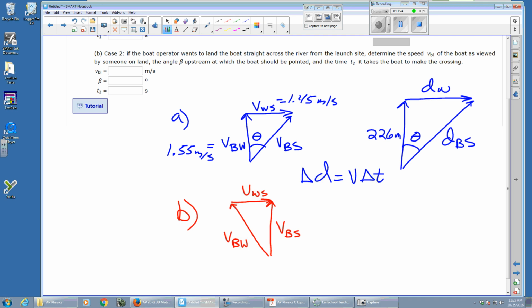So the person on the shore, are they going to see the boat moving faster or slower? Slower. And then, of course, it's beta that we want. We know the same two, again, with our displacements. I'll call that the water.